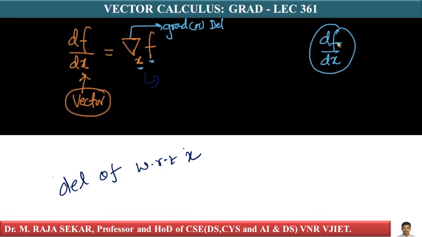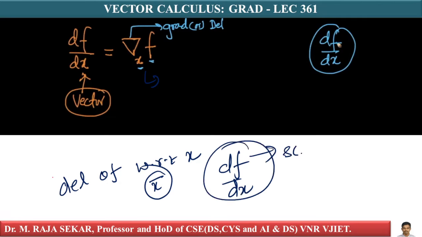So when you write this, you immediately understand that x is a vector. x bar is a vector and f is a function on the vector x. Typically, when you write df by dx, you assume that x is a scalar and f is a scalar function.